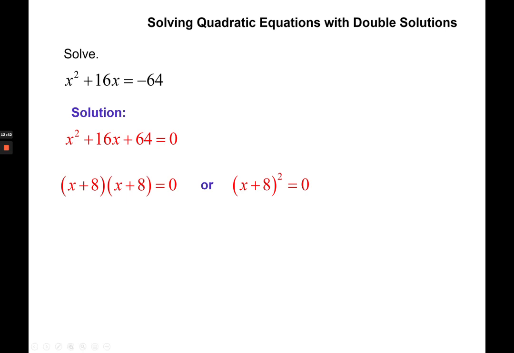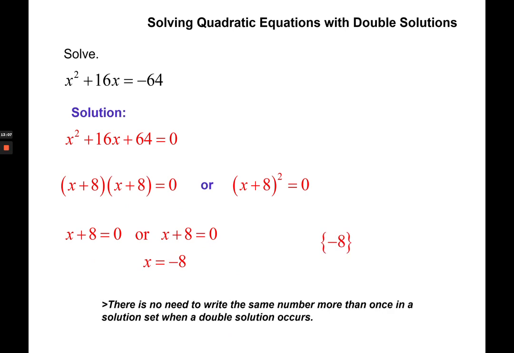But we don't need that part. We need to find the solution. We will separate your original factor by part A according to zero factor property, and then part B by zero factor property. But they are just the same. The solution will be just the same, negative 8.